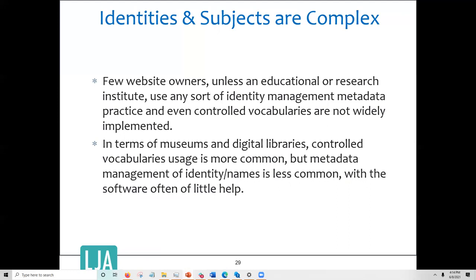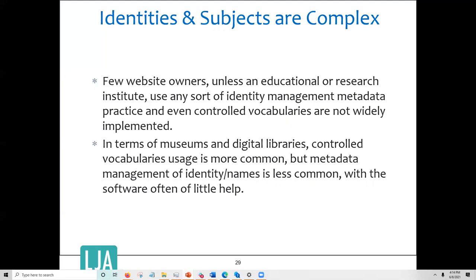And really, few website owners, unless you're an educational or research institution, or maybe a library or archive, are doing any sort of identity management metadata practice. Even controlled vocabularies are not widely used. We've talked a little bit about controlled vocabularies, and there are some projects out there to use them.